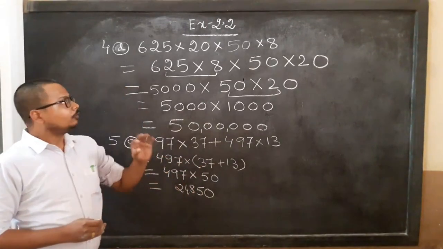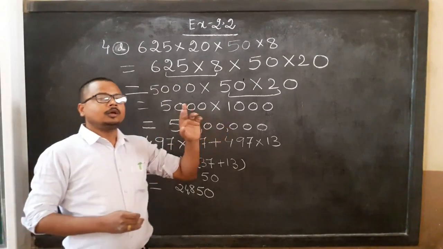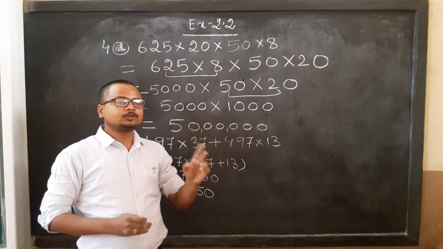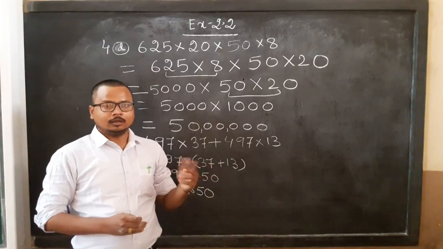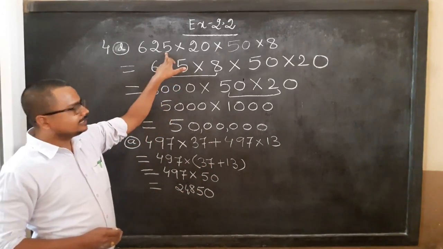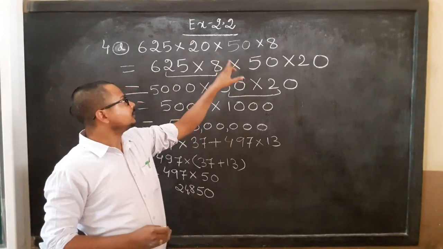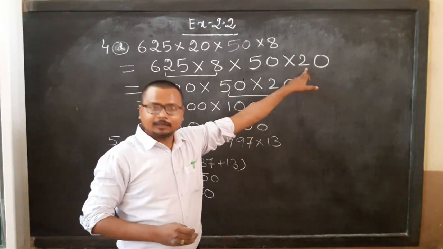First of all, we will try to see that if we multiply any two numbers, we get the multiples of 10 or 100 or not. Okay, so let us see. We multiply 625 with 8 and this 50 and 20.